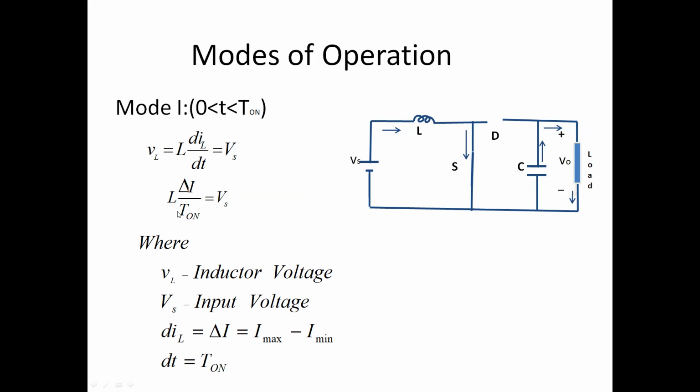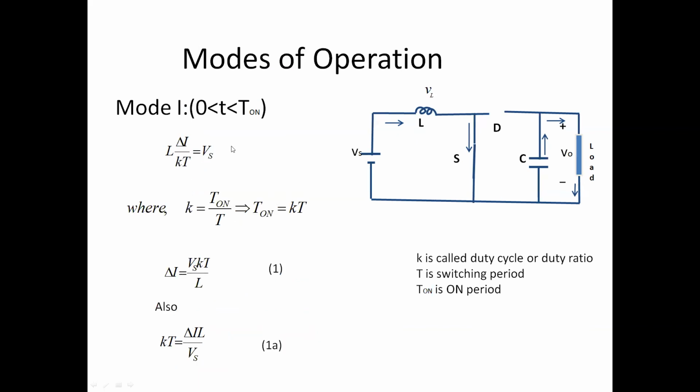So L into del I by T on is equal to Vs. Substituting KT for T on, L into del I by KT will be equal to Vs. From this equation, we can write the expression for del I as Vs KT by L. Also, we can write the expression for KT as del I into L by Vs.